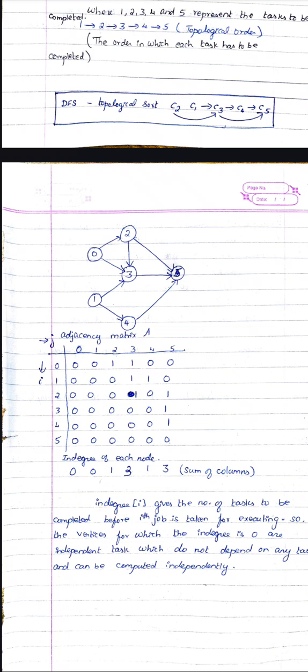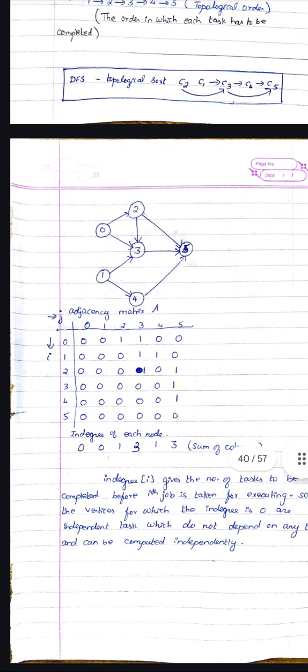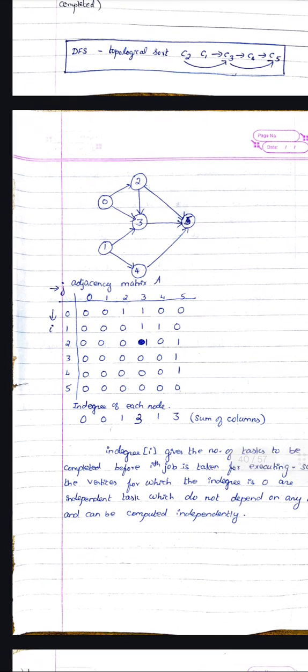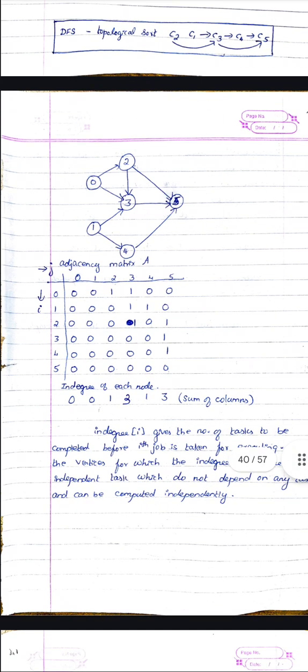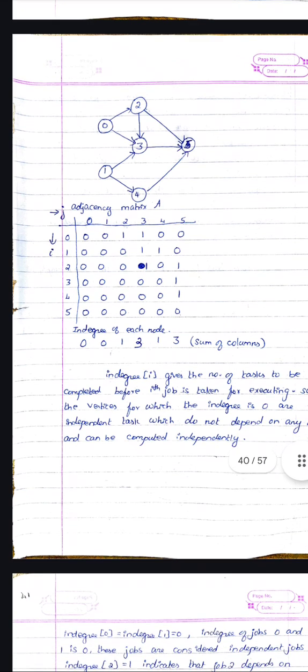They have given another graph, as given in the picture. From this graph, we have to write the adjacency matrix A.